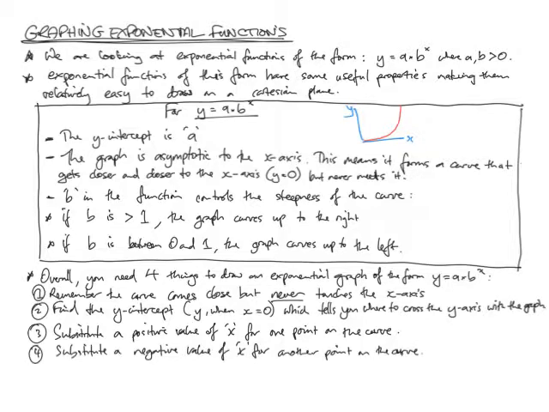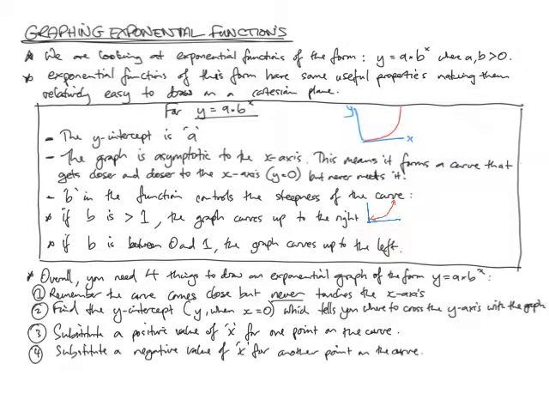The other thing to note is b in the function controls the steepness of the curve, so this number here. If b is larger than 1, so 1.1 all the way to infinity, the graph curves up and to the right. So in that case, the graph goes like that.